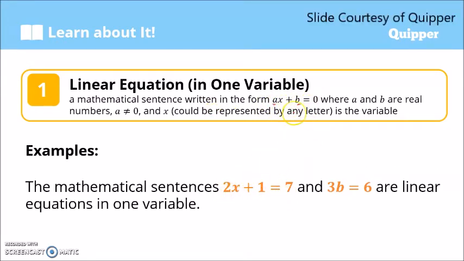So, our variable is really just one. In this case, we have x. Here, our variable is b, and our a is 3. So, these are examples of linear equations in one variable. Notice we have one variable x, and one variable b.